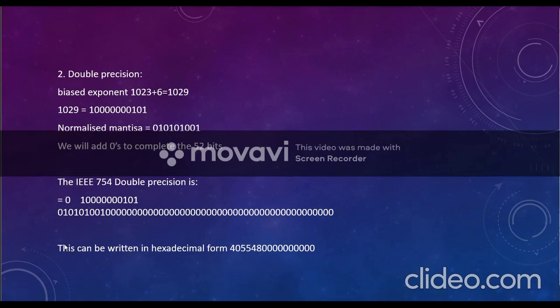This is the representation of 85.125 in 64 bit. This can be written in hexadecimal form as 405548 followed by 10 zeros.